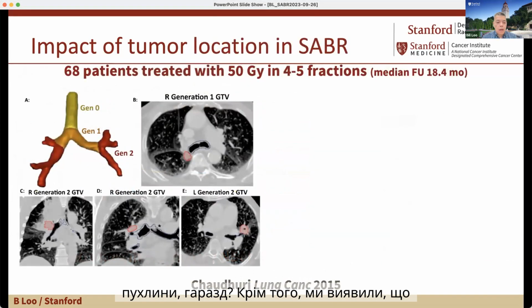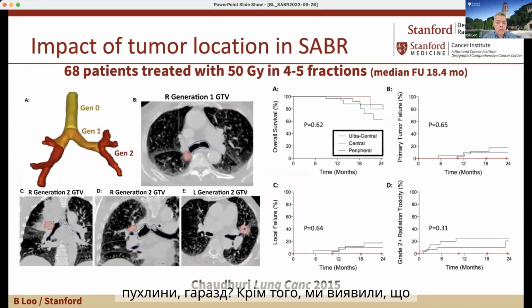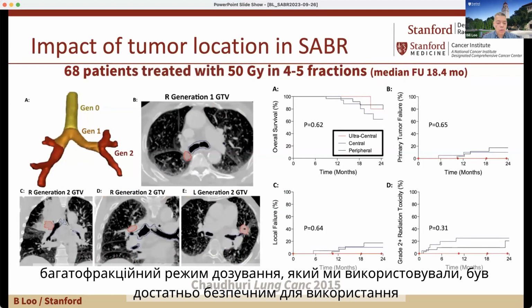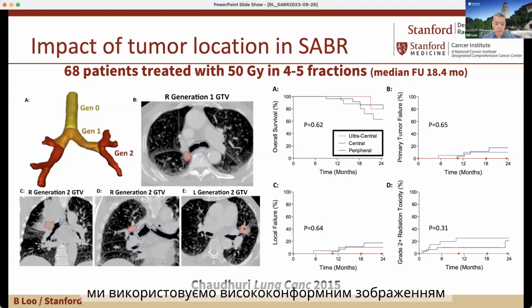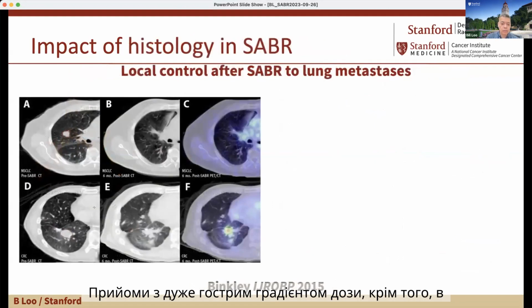In addition, we found that the multi-fraction dosing regimen was safe enough for use in both central and ultracentral tumors when we were using highly conformal image-guided techniques with very sharp dose gradients.